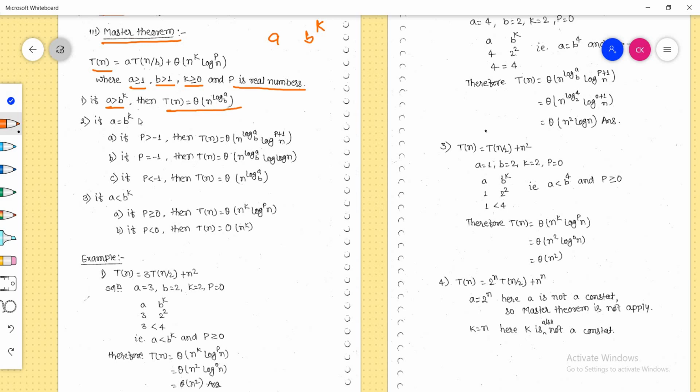Similarly, if a is equal to b to the power k, then you have to decide whether p is greater than -1, p equal to -1, or p less than -1. Depending on that, the time complexity will be one of these. Similarly, if a is less than b to the power k and p is greater than or equal to 0, this is the time complexity of T(n), and if p is less than 0, it is the time complexity of this one.